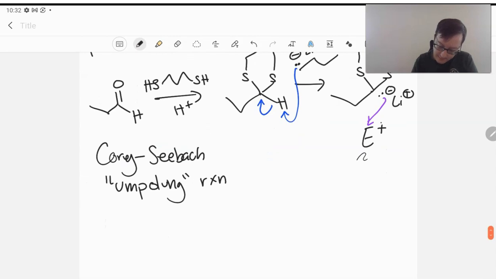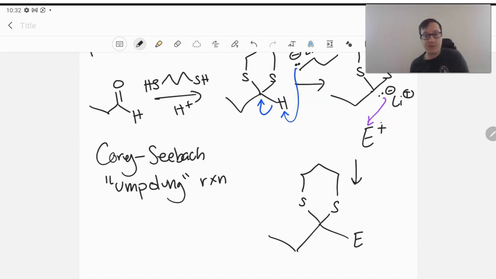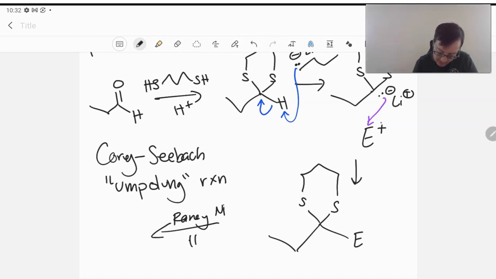And in doing so, we now have our electrophile bound to what used to be the carbonyl carbon. And we still have those sulfurs there. Now, of course, if you were so inclined, you could use your Raney nickel and get rid of that if you don't need the carbonyl back again. So if you want to use Raney nickel and the hydrogen, go ahead.